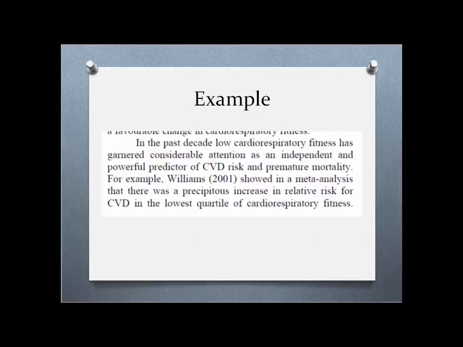For example, Williams in 2001 showed in a meta-analysis that there was a precipitous increase in relative risk for cardiovascular disease in the lowest quartile of cardiorespiratory fitness. Okay, so then after the topic sentence, you would summarize quickly the different studies that fall under this theme.